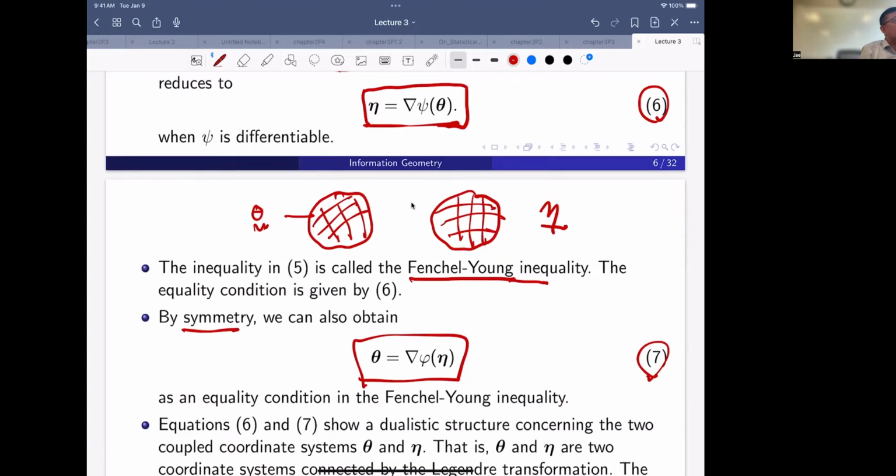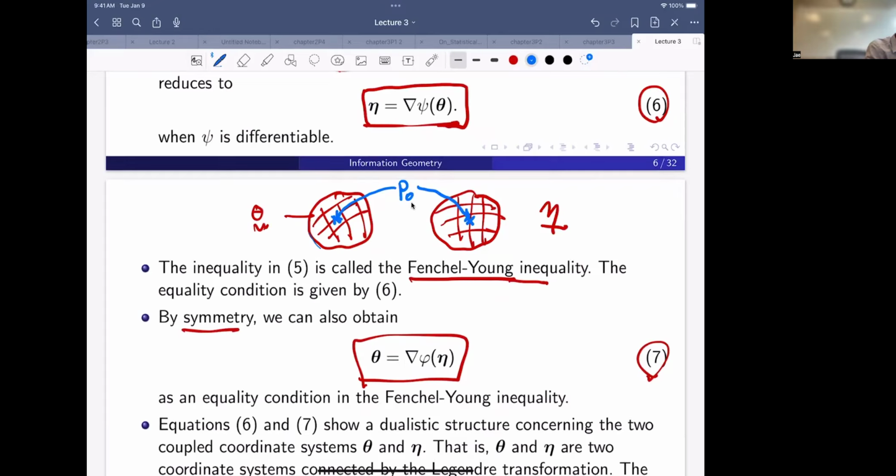The same distribution can be located in a different way. So a particular P0 can be located in the theta coordinate system, or can be expressed in terms of eta, right?